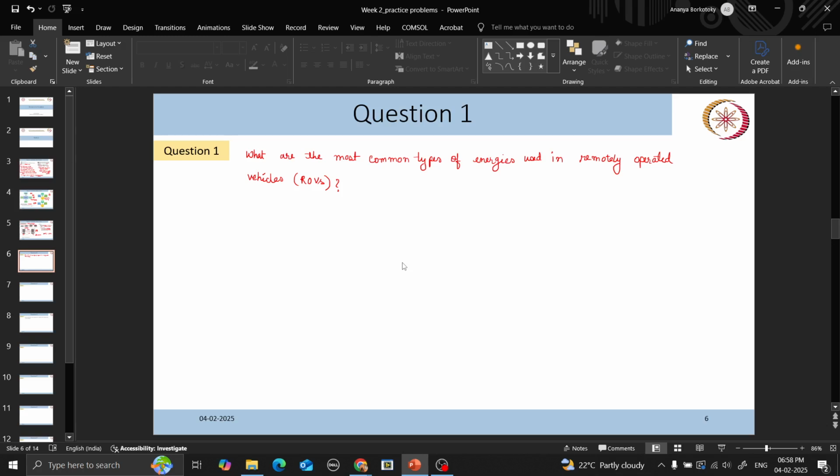You know about these automatic cars nowadays. What energy do those cars use?